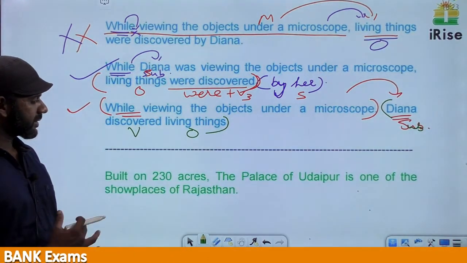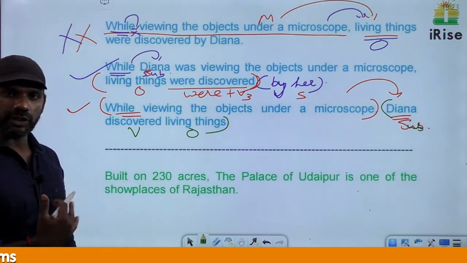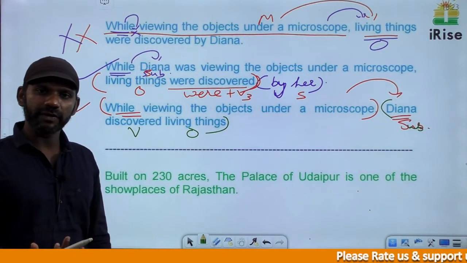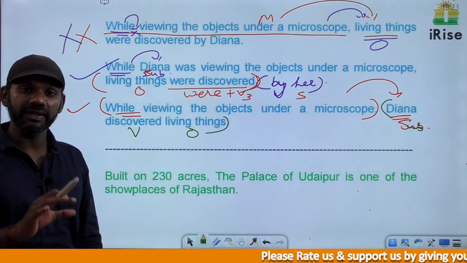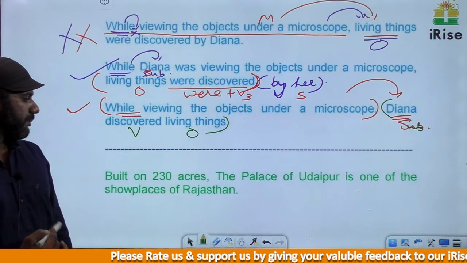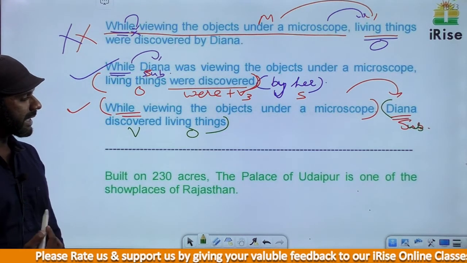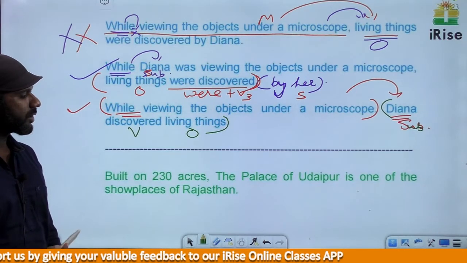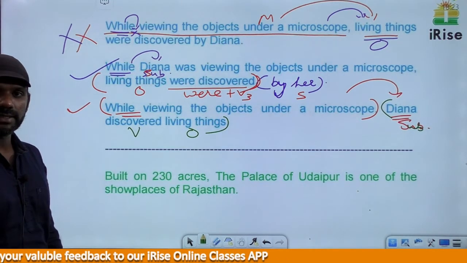My question is whether this sentence makes sense or not. Understand the meaning. Subject means a doer of an action or the noun or pronoun given primary importance in a sentence. Come to this. Built on 230 acres, the palace of Udaipur is one of the show places of Rajasthan.